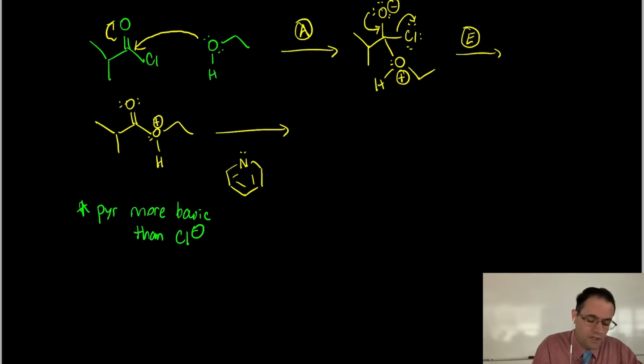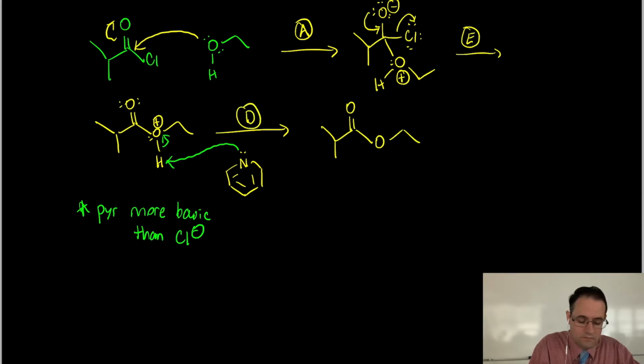So we'll draw a curved arrow coming from this nitrogen here to give me the ester product, okay? So that's D for deprotonation. All right, so attack, eliminate, and then deprotonate. So those are the three steps for an alcohol reacting with an acid chloride.